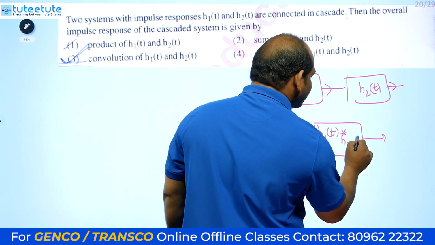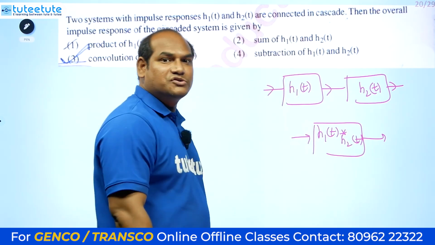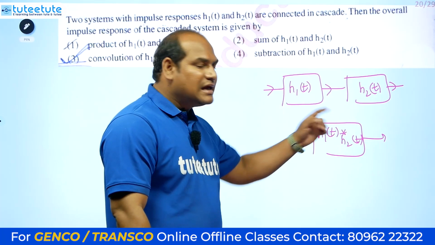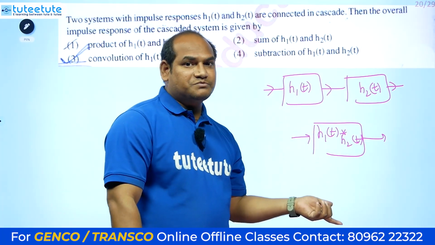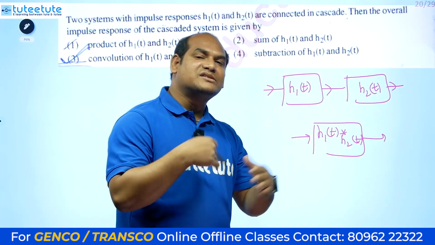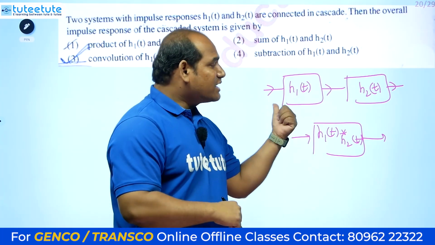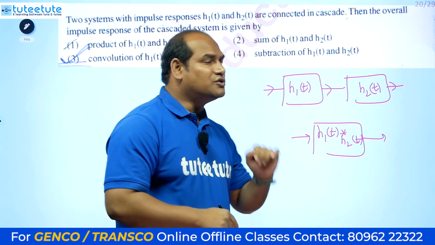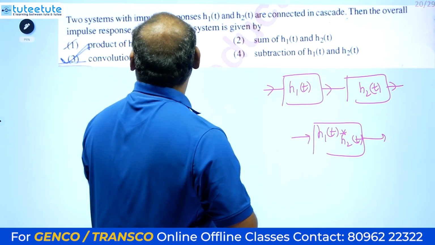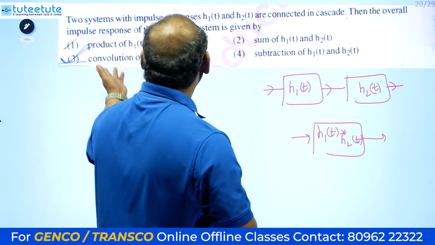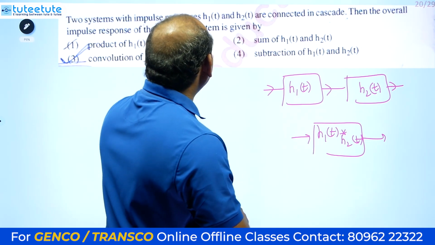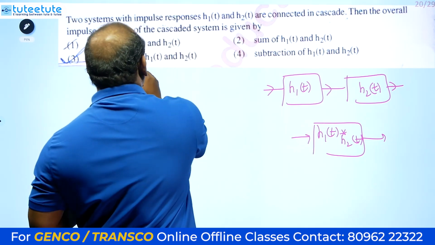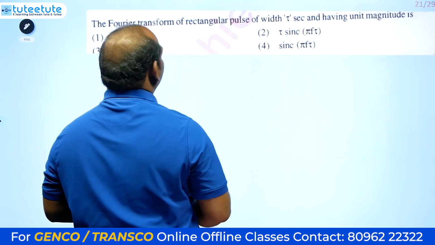Remember, it is not multiplication, it is convolution. In the time domain you have to take the convolution, but in the frequency domain, S domain or Z domain, you take the product only. So the overall impulse response of the cascaded system is the convolution of H1 of t and H2 of t.